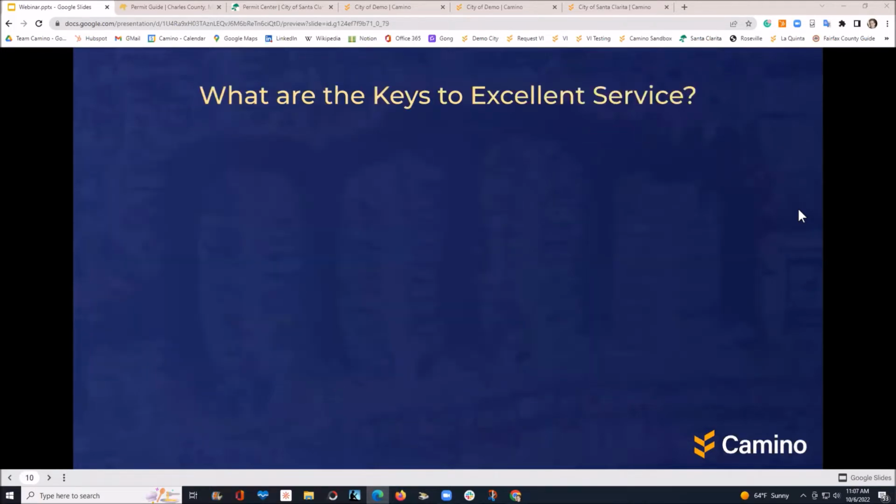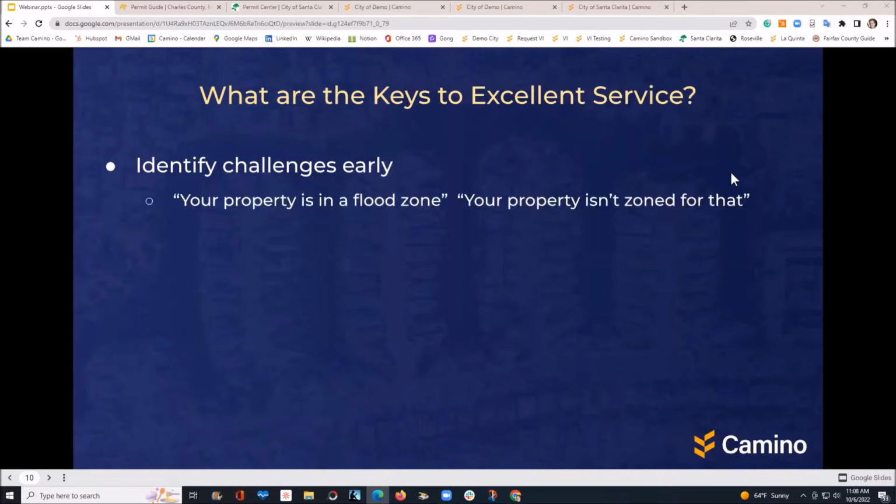So some keys that we've found in our efforts for developing excellent service in your department is being able to identify challenges early, right? Items like, hey, your property is in a flood zone, or your project isn't zoned for that.